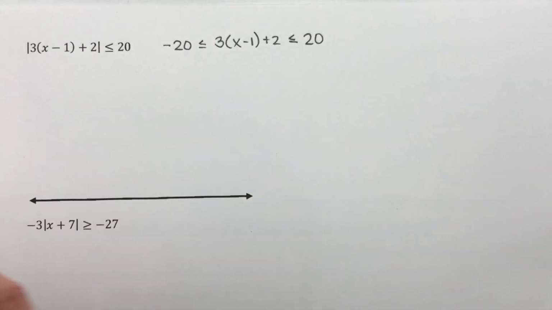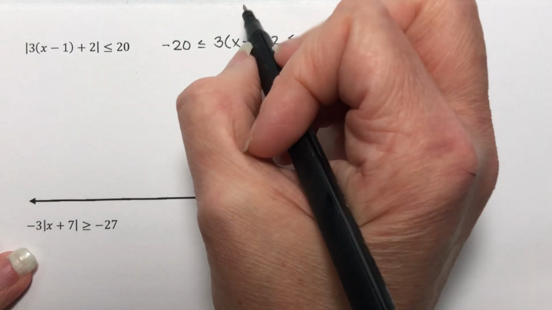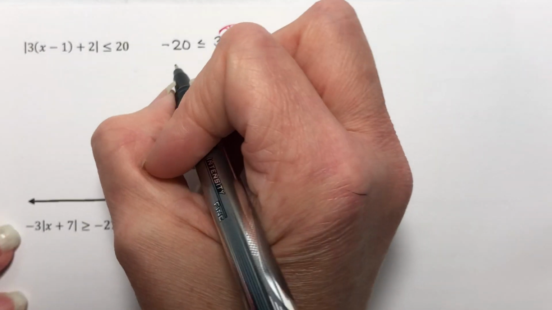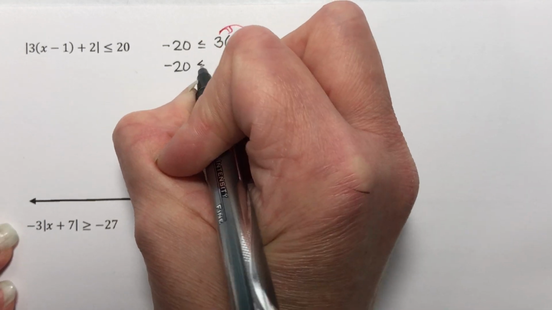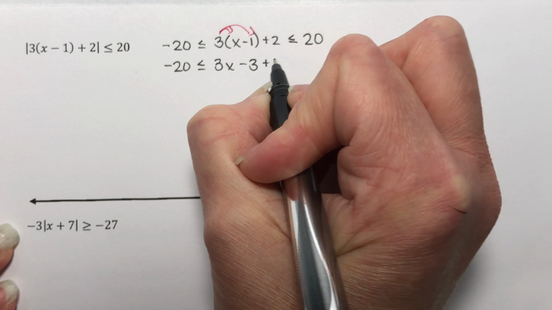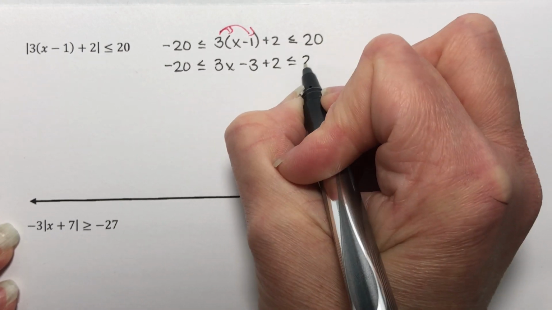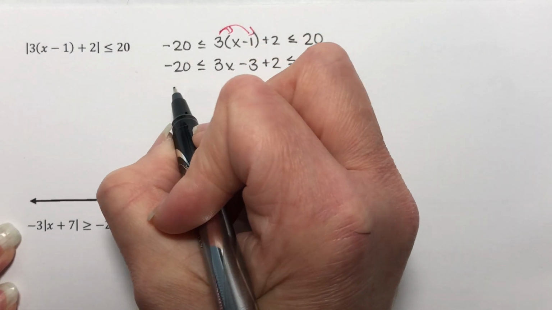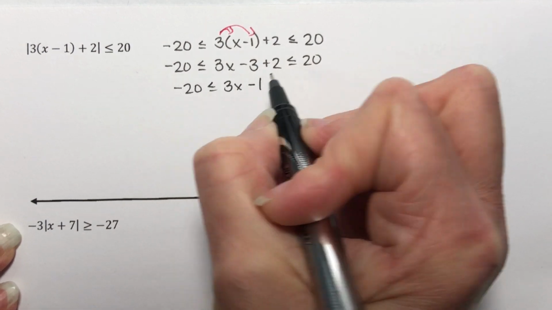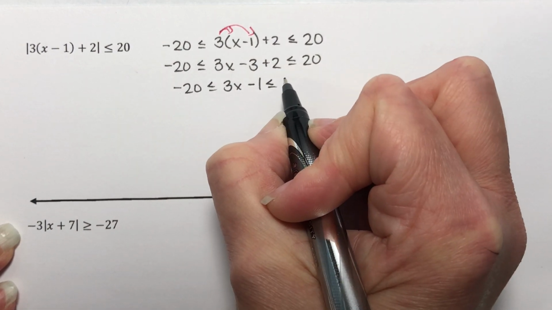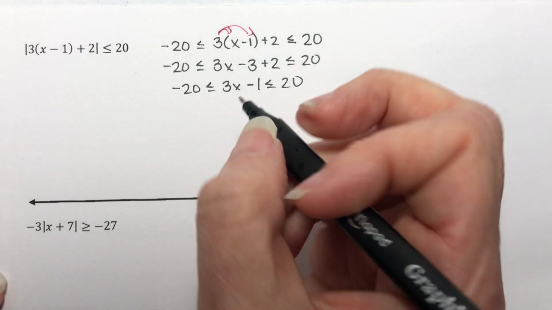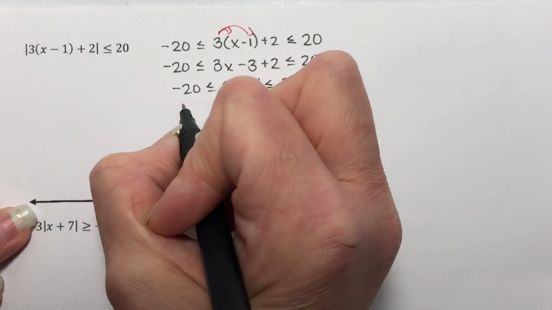Okay, so I want to get x alone in the middle, so right here I'm going to distribute that 3. Negative 20 is less than or equal to 3x minus 3 plus 2 is less than or equal to 20. So this is negative 20 is less than or equal to 3x minus 1 is less than or equal to 20. All right, so let's add 1 to all three sides.